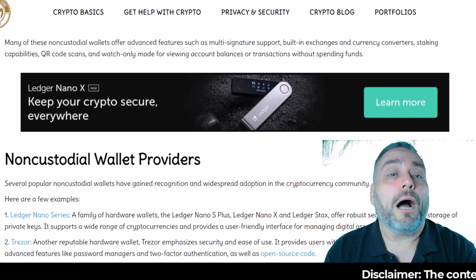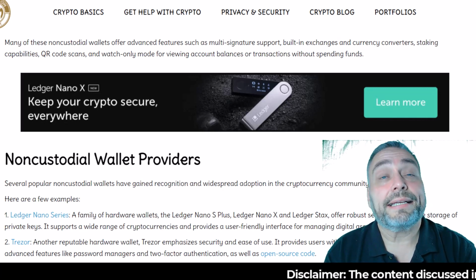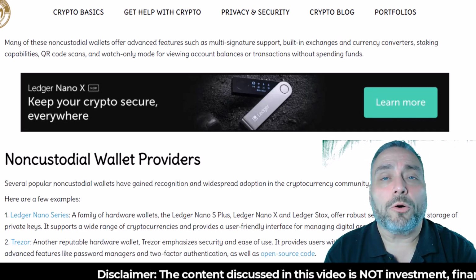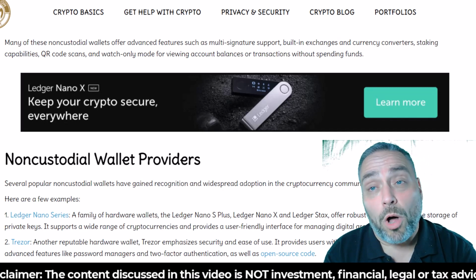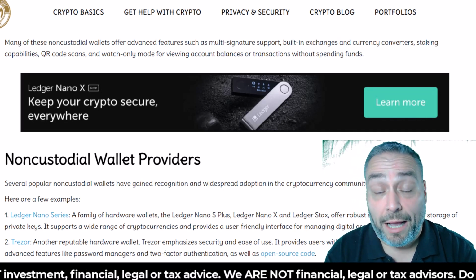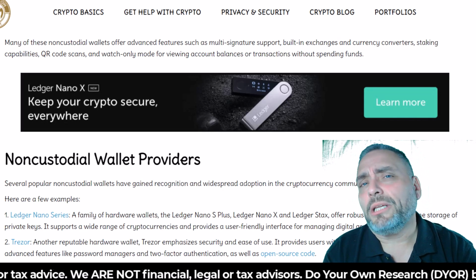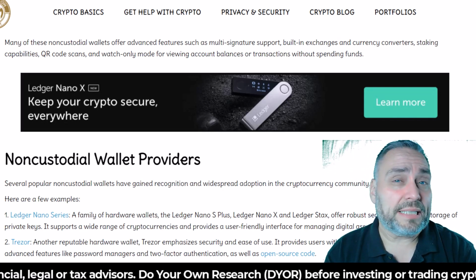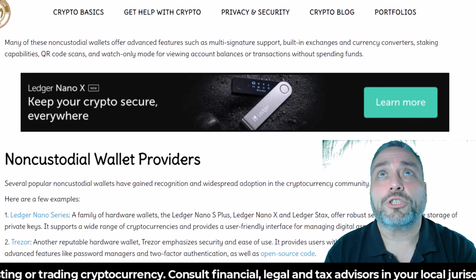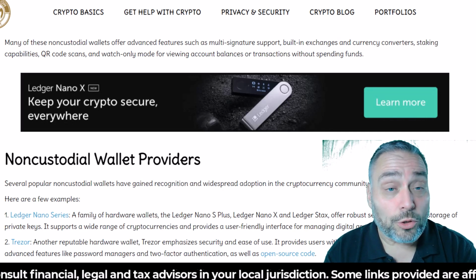Non-custodial wallets are slowly gaining this type of user functionality, especially when you're talking about desktop wallets and mobile wallets. It's pretty much the same as you would use on any other mobile app or desktop app. Where you run into a little bit more difficulty, and there is a potential learning curve, is when you're using something like a hardware wallet, which is also a different form of non-custodial wallet.